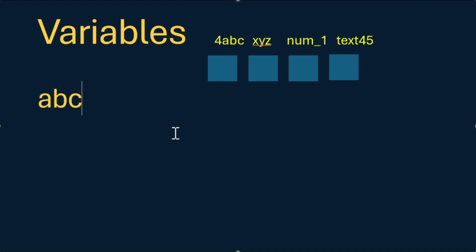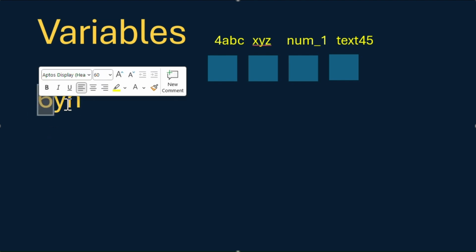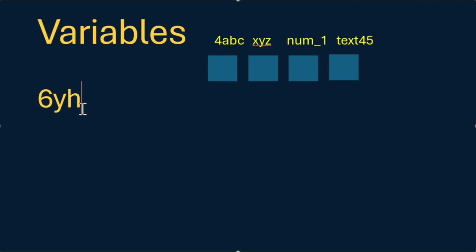The variable name can be ABC, or it can be A4545, but a variable name cannot be 6YH, that is, it cannot start with a number. It must always start with an alphabet, and the symbol that we can use is underscore.